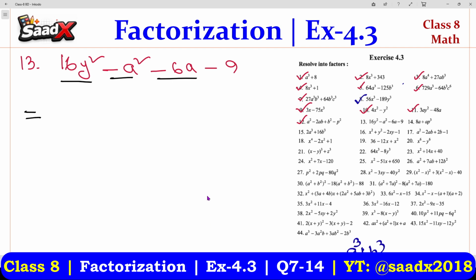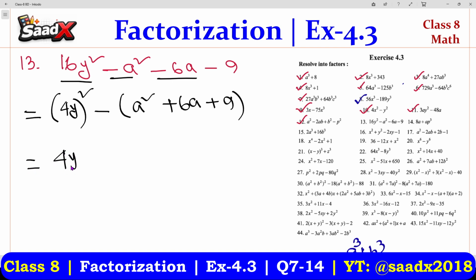Like, this 16y square can be written 4y square, and here we can take common minus, so it will be a square plus 6a plus 9. Now 4y square minus this one, if you think like a square plus 2 times a times 3. 3 square means 9, right?